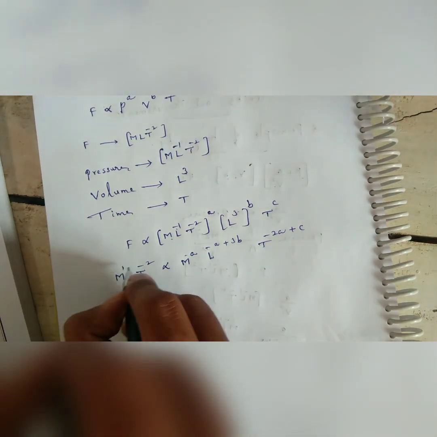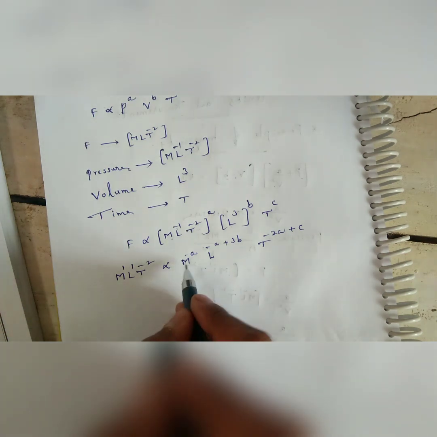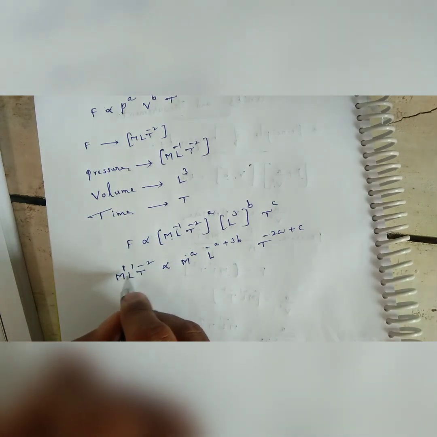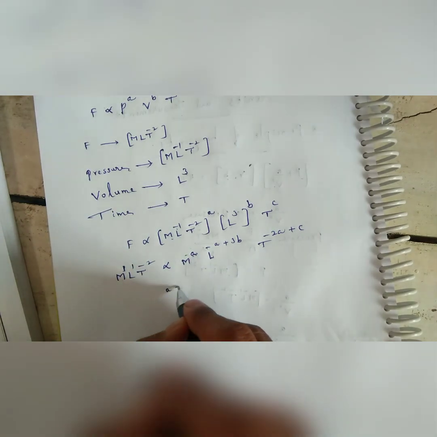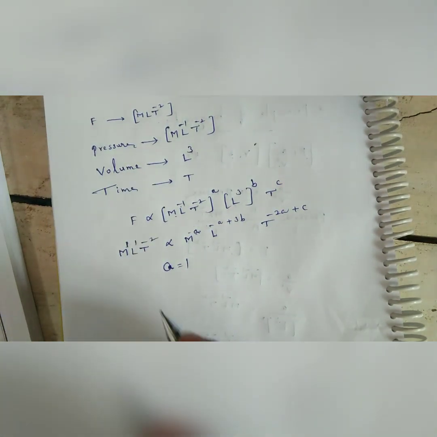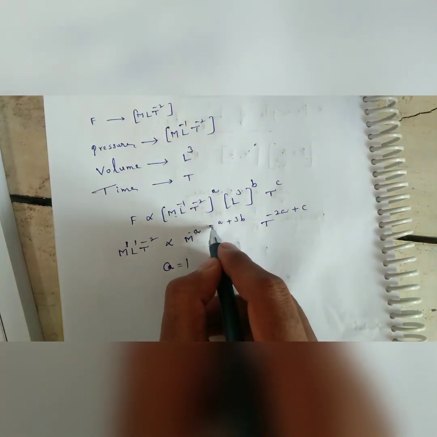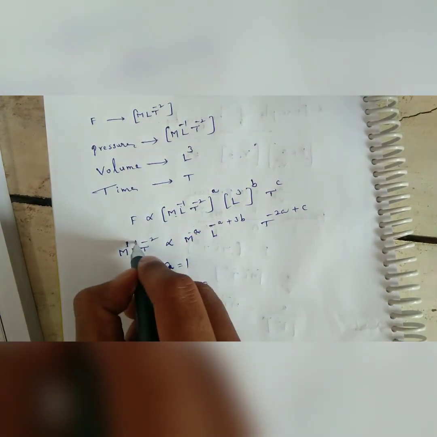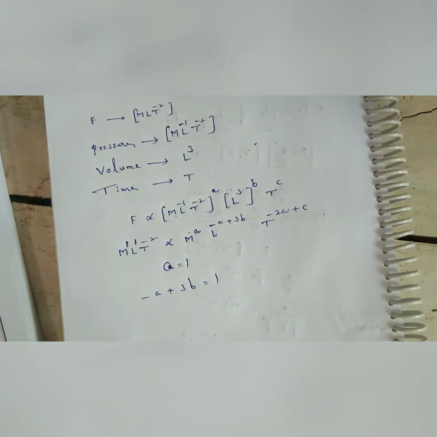Now compare the powers of fundamental physical quantities on both sides. M power A, M power 1. So compare the powers of mass: A is 1, so A is equal to 1. Next L power minus A plus 3B is equal to, here L power what is the value? 1.